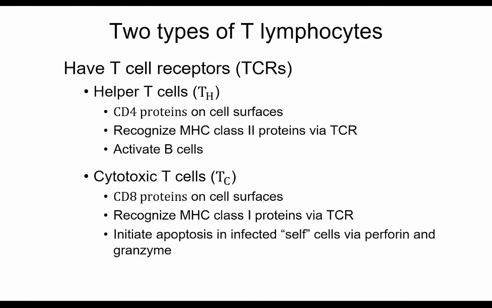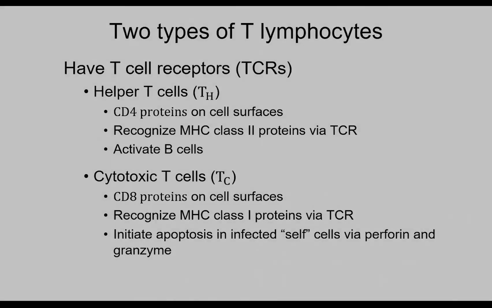These will sometimes be called CD8 because they have CD8 proteins on their surface, and they recognize MHC class I proteins via their T cell receptor. And what cytotoxic T cells do is they initiate apoptosis in infected self cells via perforin and granzyme, similar to what we saw natural killer cells do in the innate immune system. The difference being how the cytotoxic T cells recognize self is via an MHC receptor versus the PAMP structures that we talked about in the previous lecture.